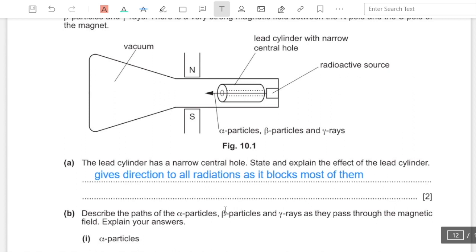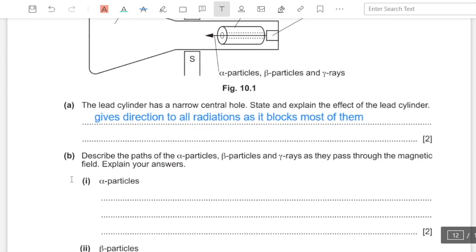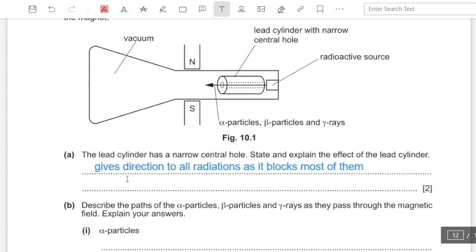And over here we're first starting with the alpha particles. They also have positive charge, and that should mean they have the same direction as conventional current. So your middle finger should be pointing from right to left, with your pointer finger pointing from upward to downward, since this is north to south.